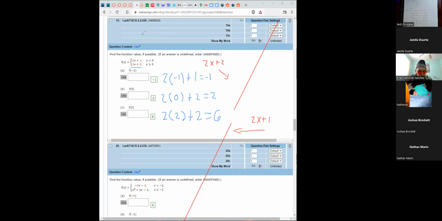So you just have to decide which one to use, based on the restriction right here. It's telling you where this function lives, right? Below 0, we're living over here, we're using this one. 2x plus 2 lives above 0 or equal to.